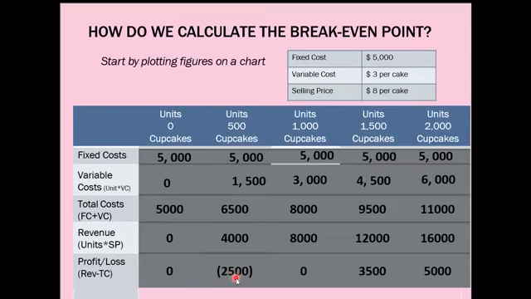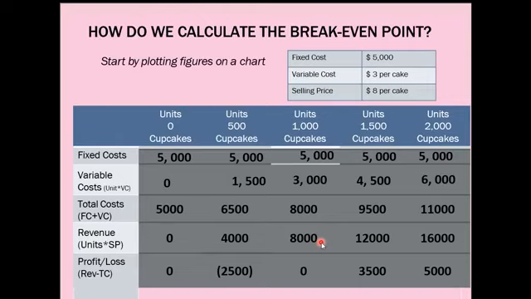We have minus 2,500. But when we produce 1,000 units, we have a 0. At this point, the total cost, which is 8,000, equals the total revenue. So, which means at point 1,000, we have our break even.